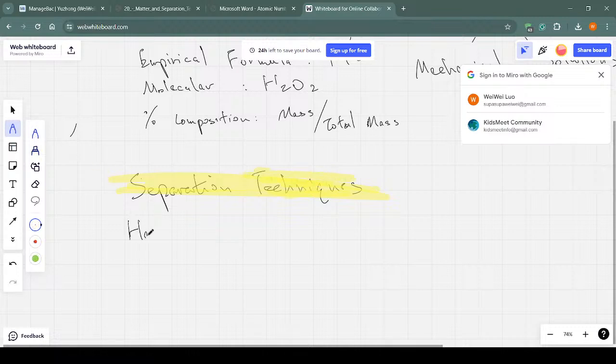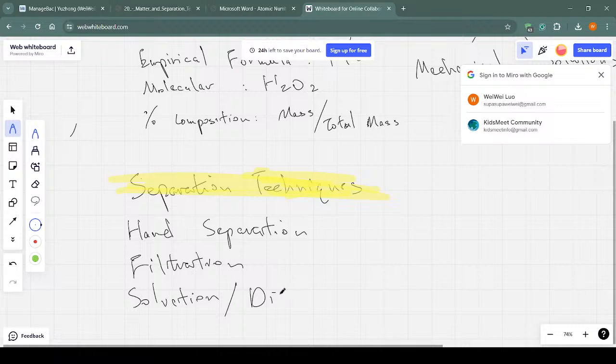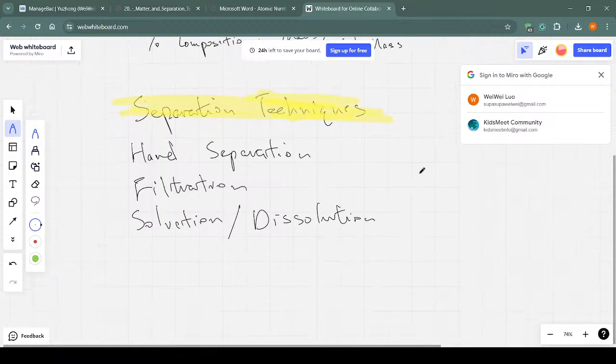Needs hand separation, filtration, solvation/dissolution, crystallization, same thing except it takes a longer time.